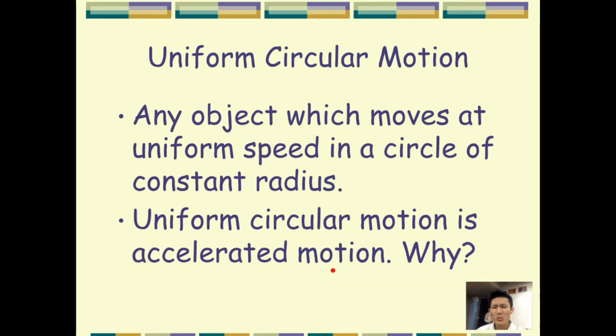And so why is that? Why do you think that is? Well, remember that when we're talking about acceleration, the definition of acceleration is a change in velocity.